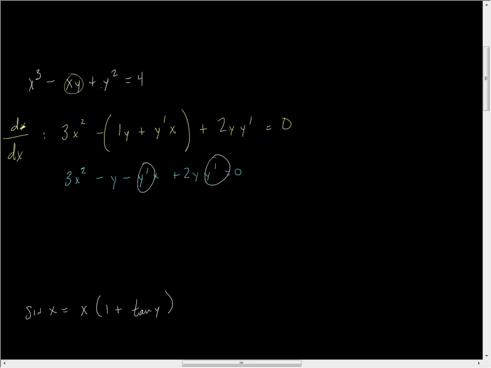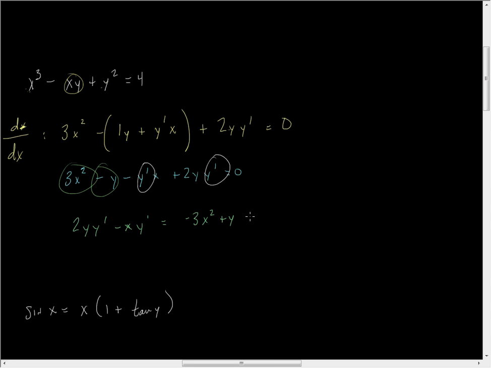Okay, so we're going to go ahead and move this stuff in green. We're going to move that over to the other side to kind of give us some room. And so I've got, and I'm going to rewrite this slightly, 2y y prime minus x y prime is equal to negative 3x squared plus y. And now I can factor.